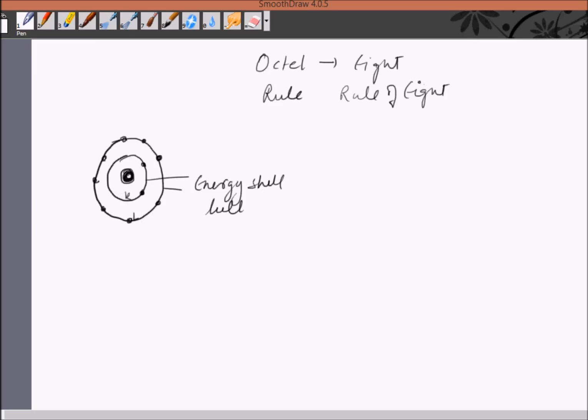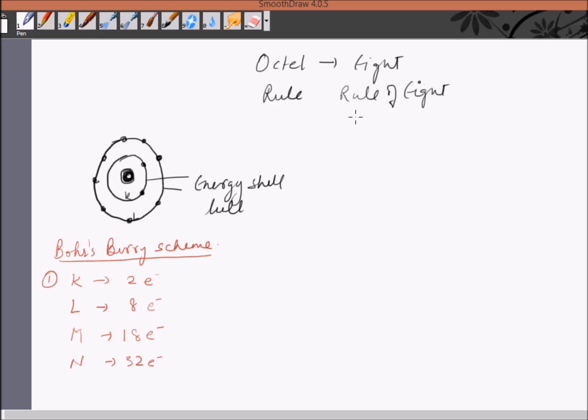and according to the Bohr-Bury scheme, every shell has a maximum capacity to keep electrons: K has the capacity of 2 electrons, L has the capacity of 8 electrons, M has the capacity of 18 electrons, N has the capacity of 32 electrons, right?